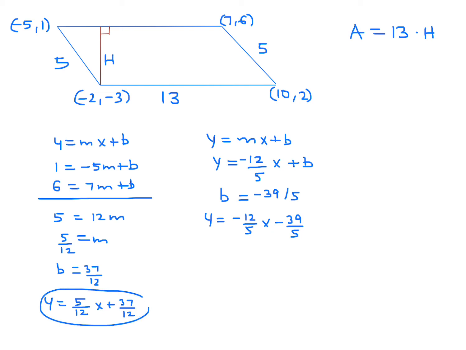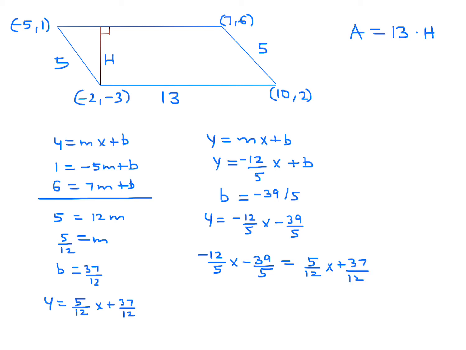So now we set these equal to each other, and that will allow us to figure out the intersection point. So minus 12 over 5 x minus 39 over 5 is equal to 5 over 12 x plus 37 over 12. Solving, we get a not so great number, minus 653 over 169. Let's just convert that into a decimal: minus 3.8639.